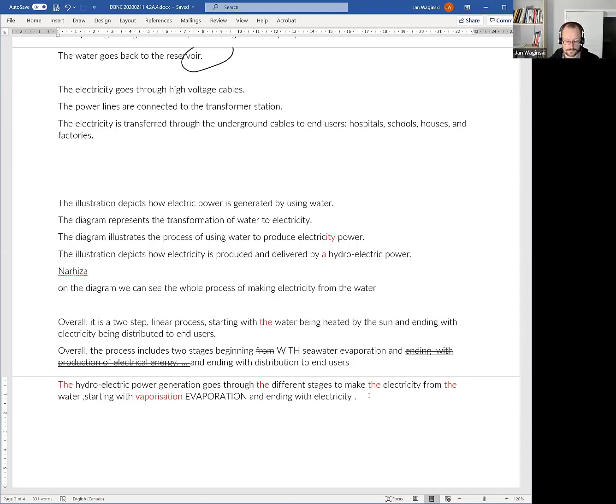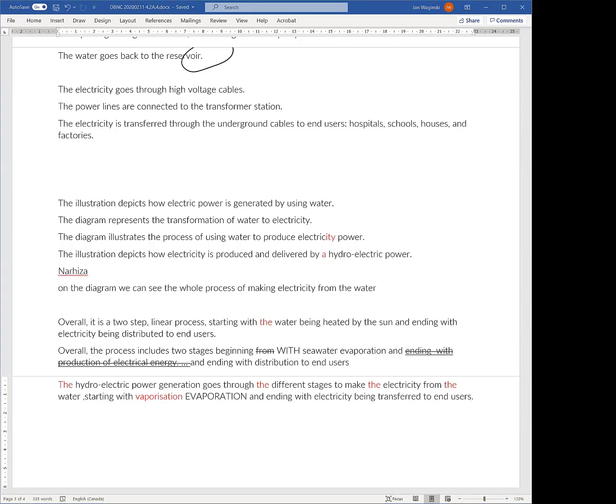So we'll have to do it this way, like Dina said, with electricity being transferred to the users, to end users. You don't need to say the because you're not pointing at any specific users. It's just general end users.